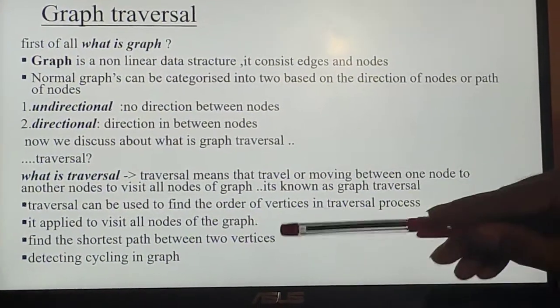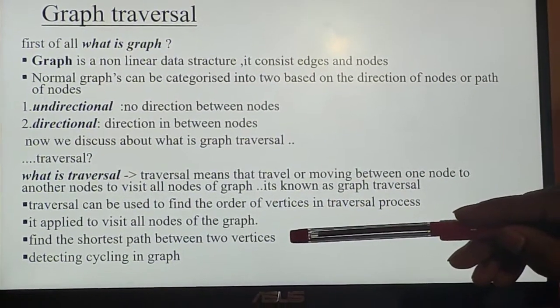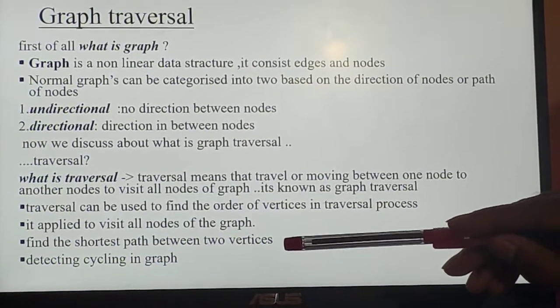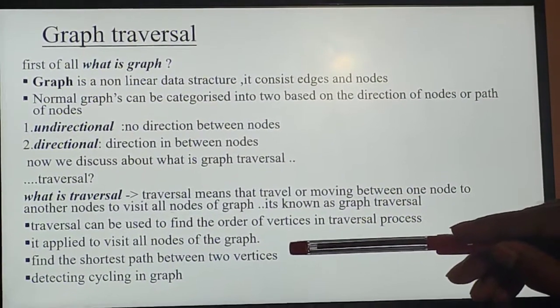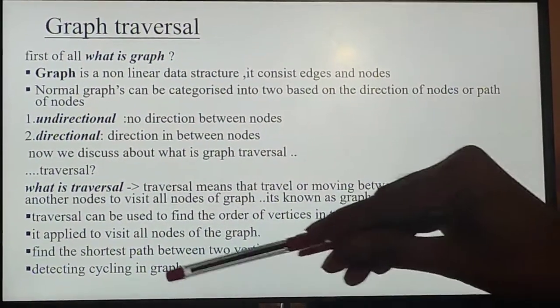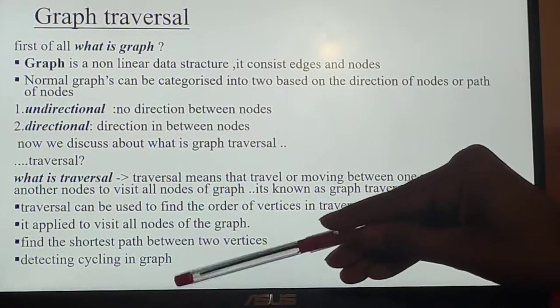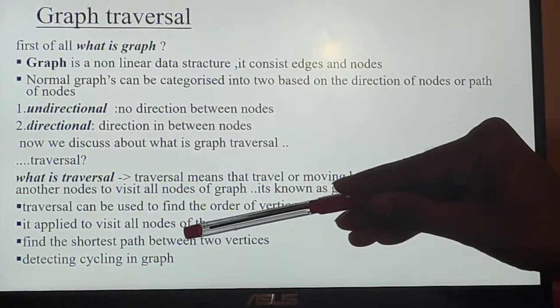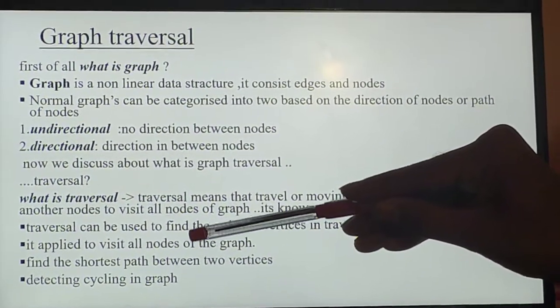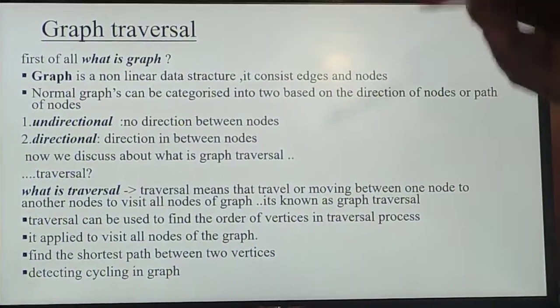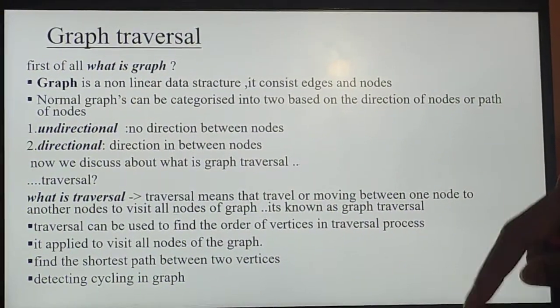The graph contains multiple vertices, and the shortest path between two vertices is found using traversal. It is also used in detecting cycles in a graph. In a large graph, multiple nodes can form a cycle, and that cycle can be detected.